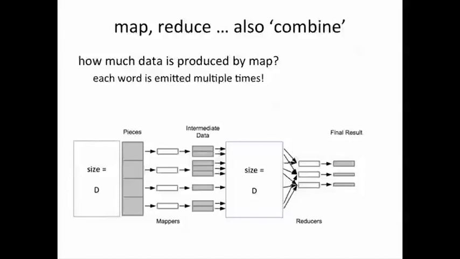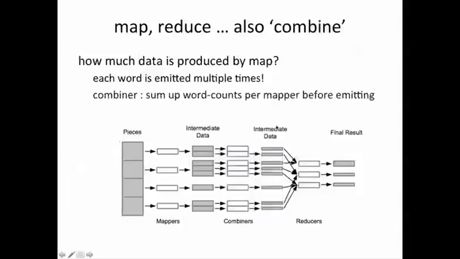On the other hand, in our earlier implementation or description of the word counting problem, this was not the case, since the counts within each map process were actually summed up before moving on to the reduce phase.